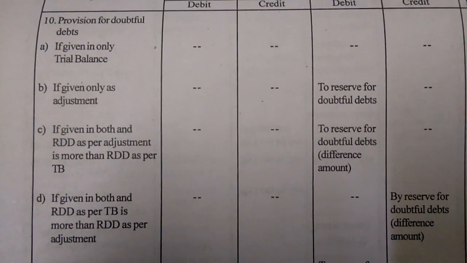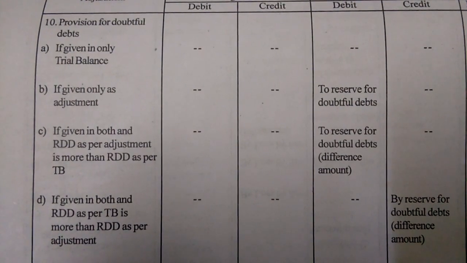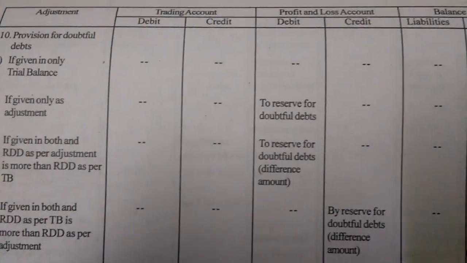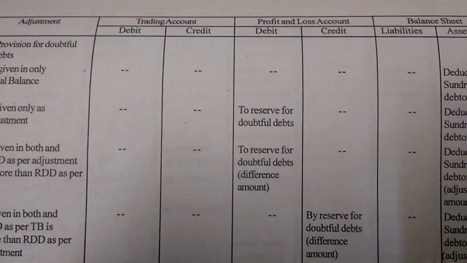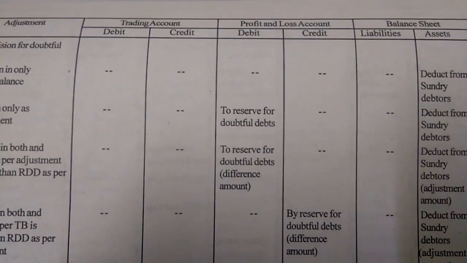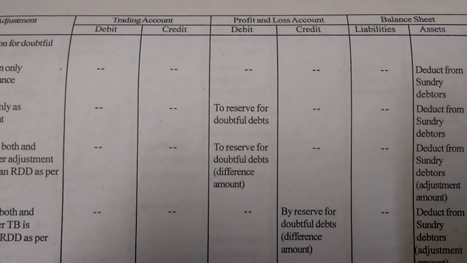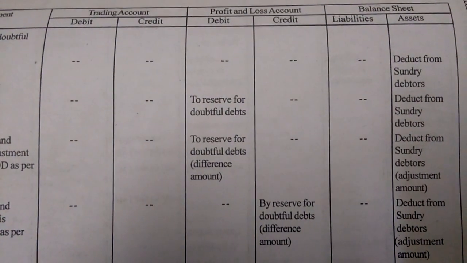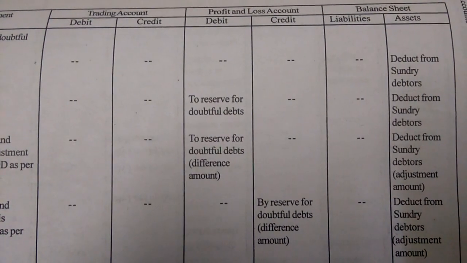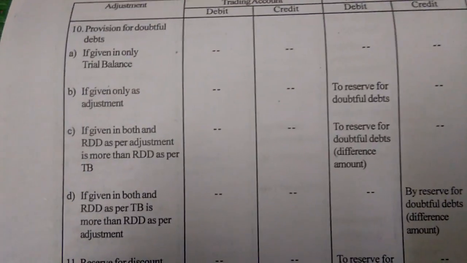B: if given only as adjustments, in profit and loss account debit side to reserve for doubtful debts, then in the balance sheet asset side deduct from the sundry debtors.